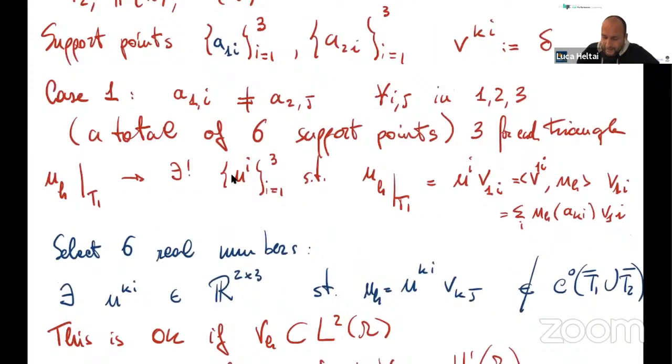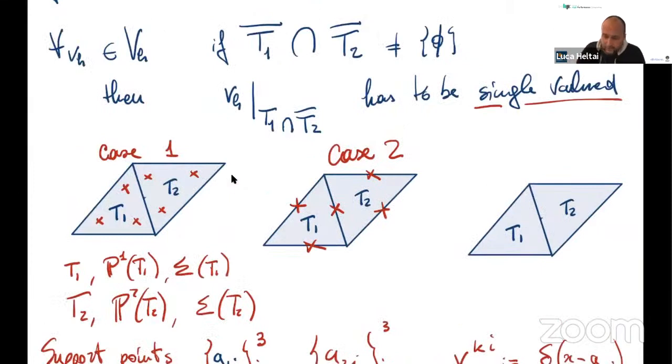And if you take linear functions here, and linear functions here, there exists an infinite number of linear functions that share a single point, because you can have all situations in which two planes touch on one point. So this is still not enough to ensure continuity between T1 and T2.